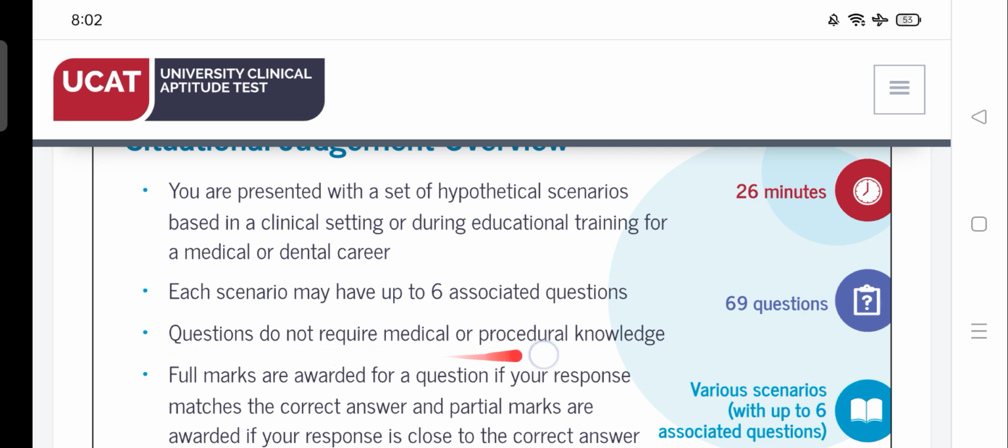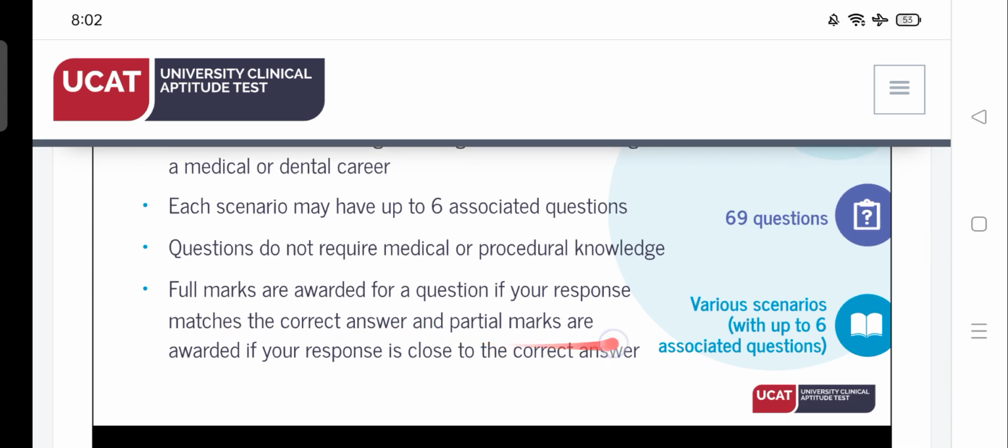Questions do not require medical or procedural knowledge. Full marks are awarded for a question if your response matches the correct answer, and partial marks are awarded if your response is close to the correct answer.